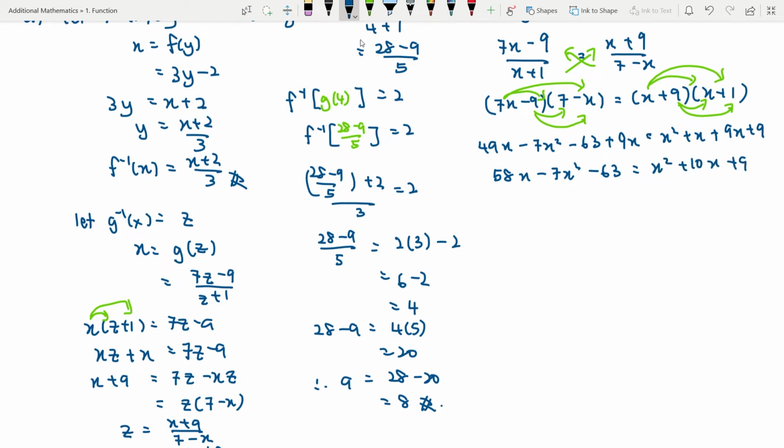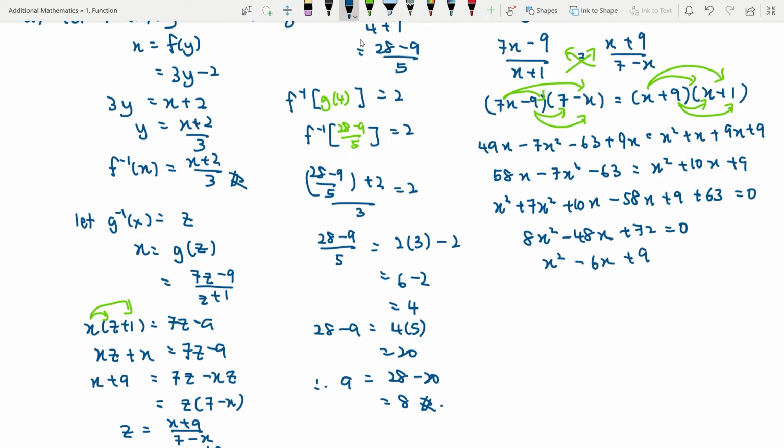In order to get a positive value for x squared, I'm going to move all the terms to the right side. Hence, we have x squared plus 7x squared plus 10x minus 58x plus 9 plus 63 equal to 0. Simplified again, we have 8x squared minus 48x plus 72 equal to 0. Divide the whole equation with 8, we got x squared minus 6x plus 9 equal to 0.